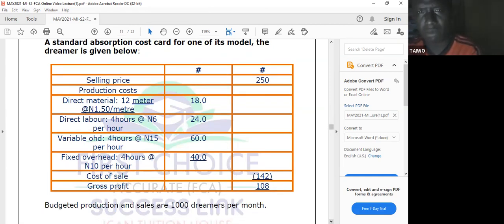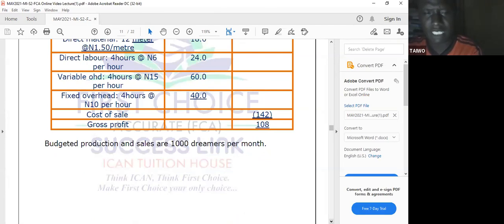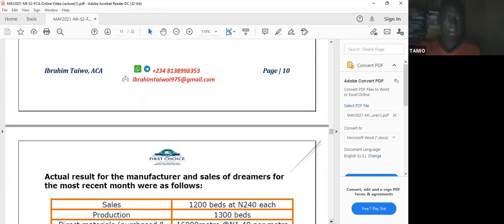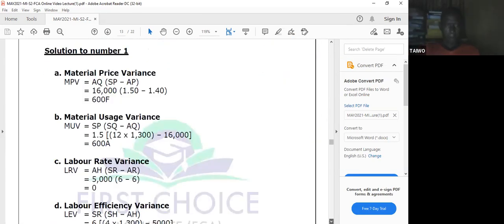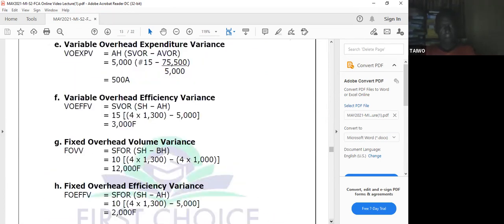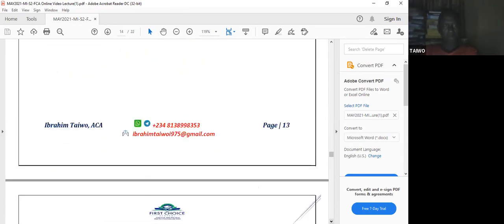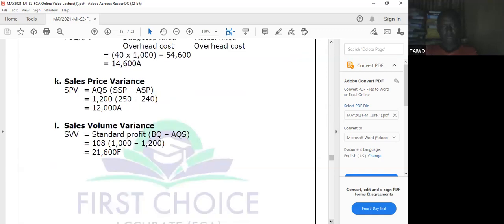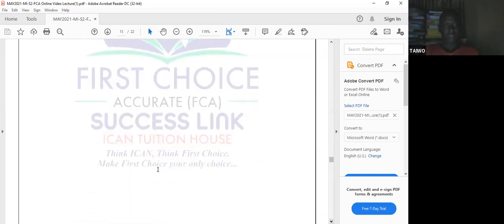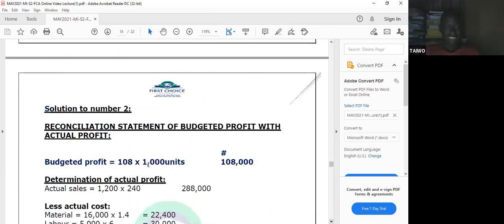That's the budgeted profit. It should be 108 naira times how many units they budgeted to produce? 1,000 units. That's 108,000 naira.